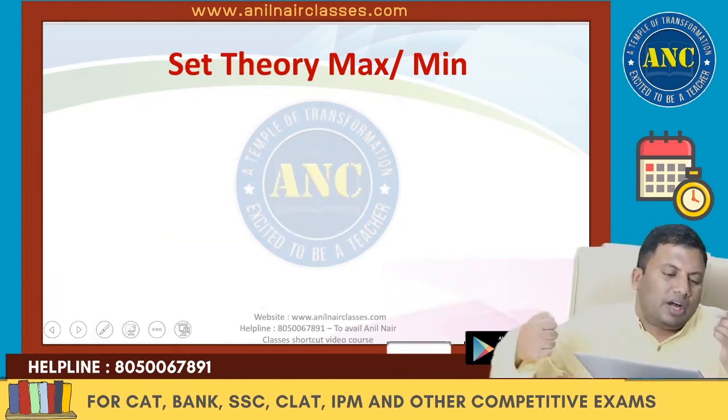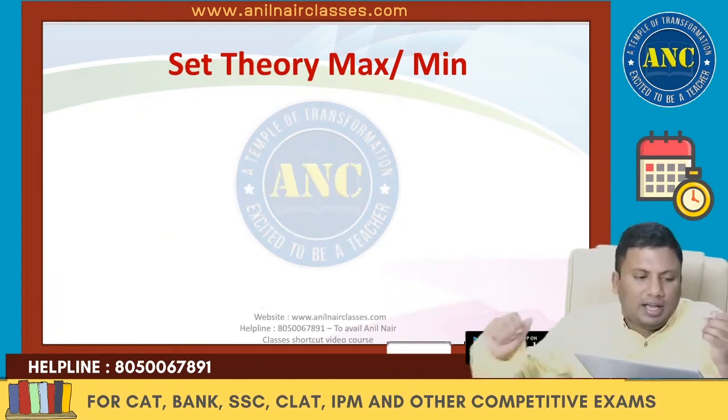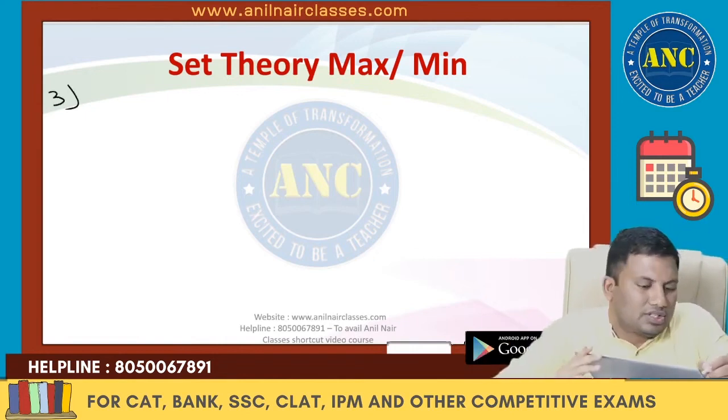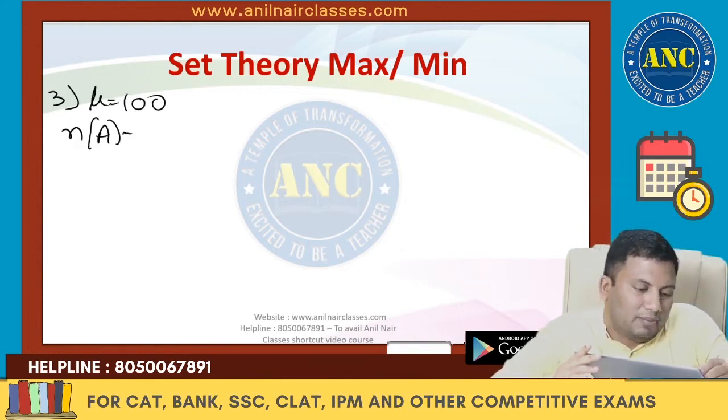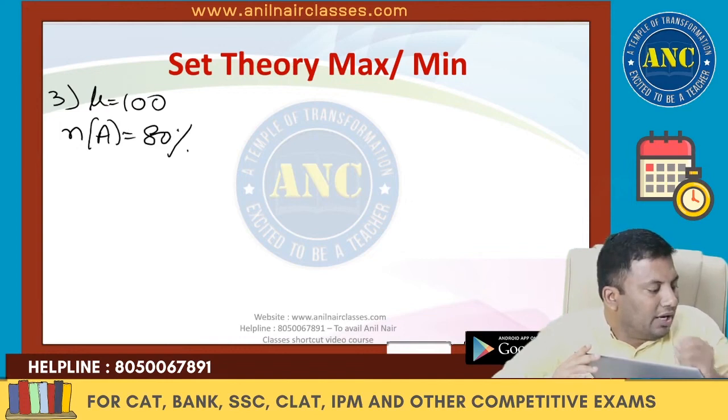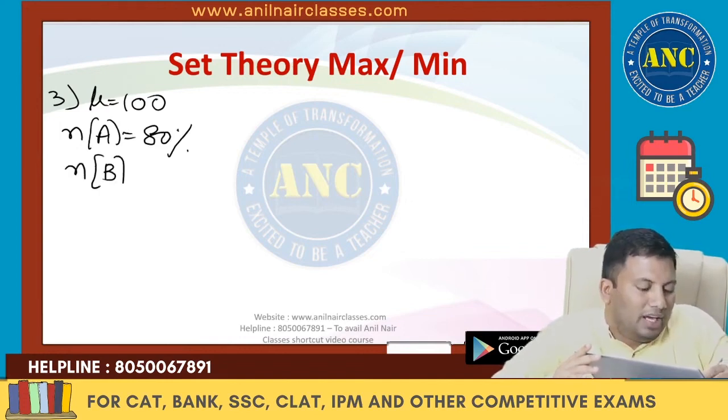Third question. Once you understand, these all are very, very easy questions. Mu is nothing but 100. N of A is nothing but, taking the original question, 80%. N of B is 90%.